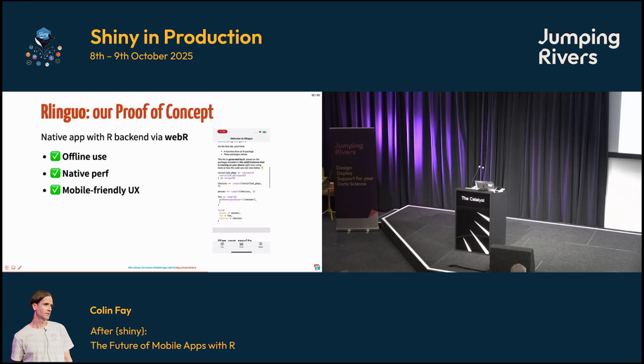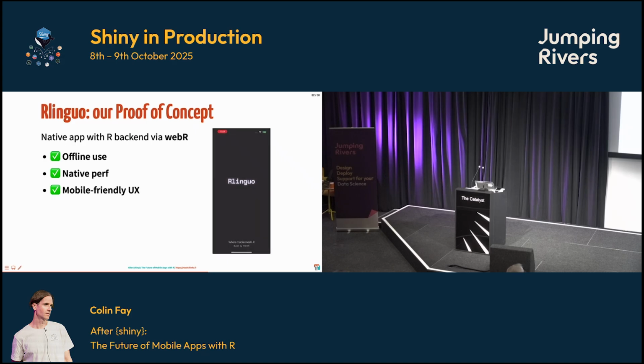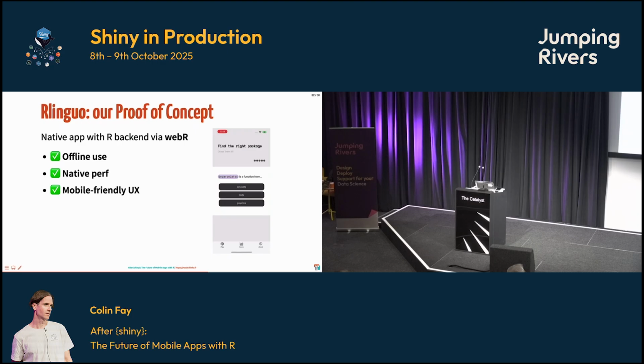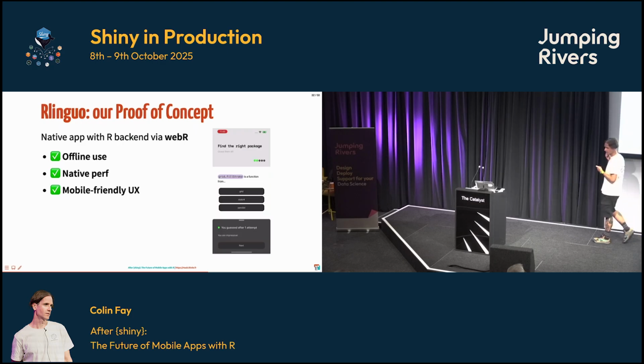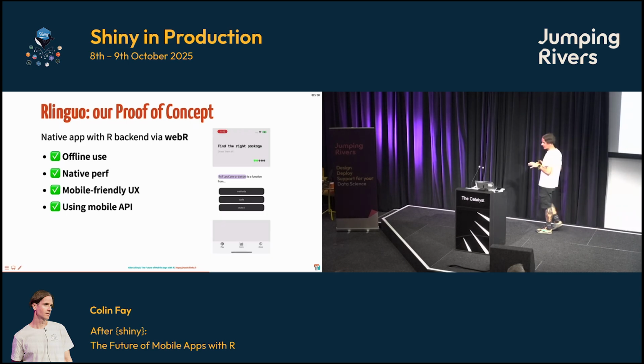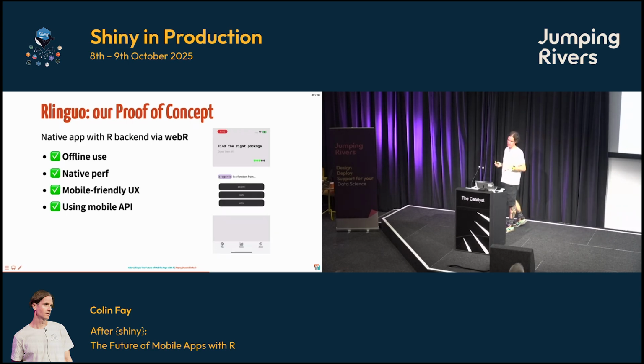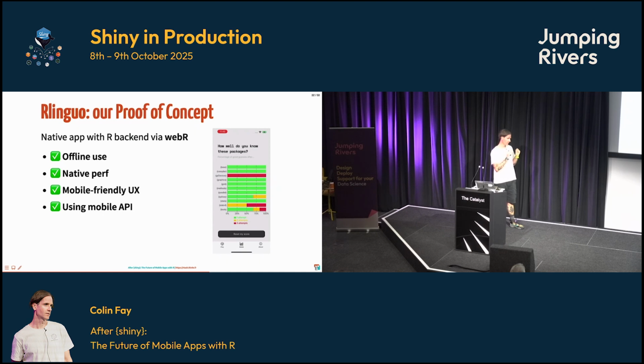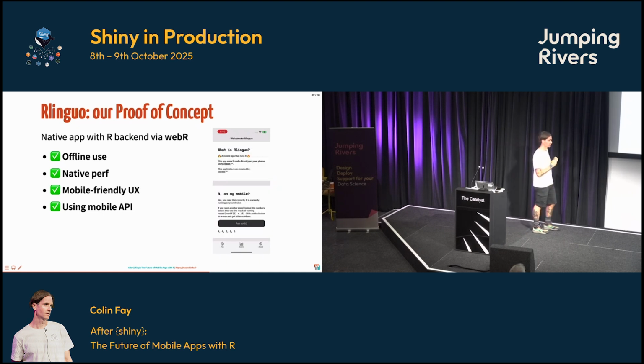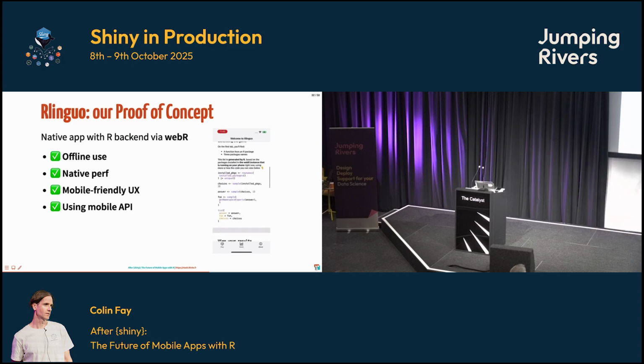It's been built with a mobile framework, so it's very mobile friendly because we used templates for building web apps. We decided that we would use a framework, and it works well. It uses the mobile API in the sense that, for example, you have a small SQLite database available on your phone, so it accesses this small database, it vibrates, things like that.